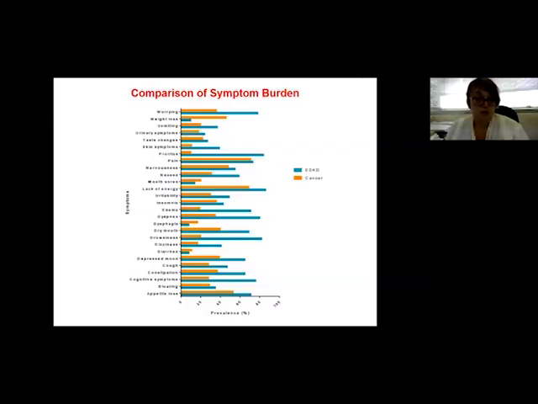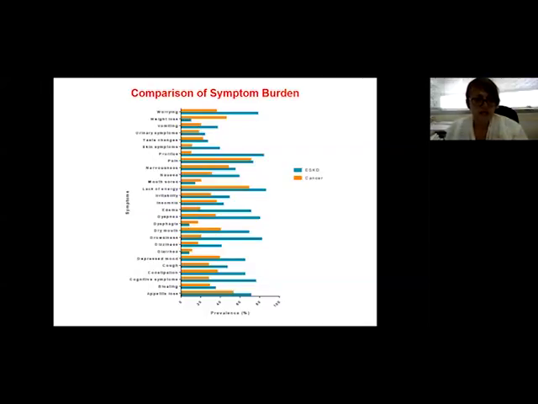So the terminal cancer patients, as I said, have reported against these symptoms, and they're in the orange, so the prevalence. So for example, terminal cancer pain is reported by about almost 75% of people.